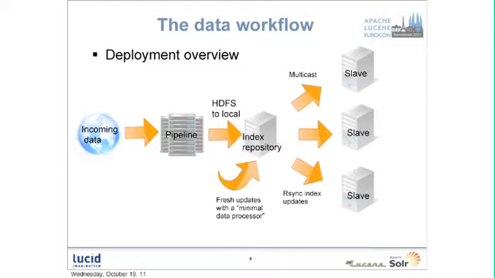So what we do is first of all, we send them to an index repository. An index repository is just a simple machine with lots of terabytes of data. And then, using a multicast system, we deploy all this index to all the slaves at the same time.